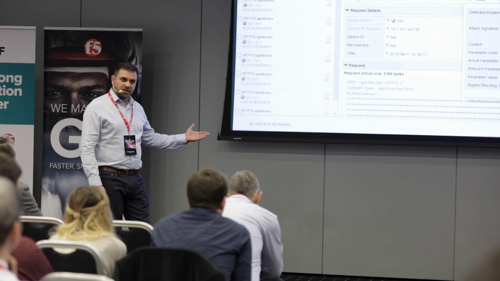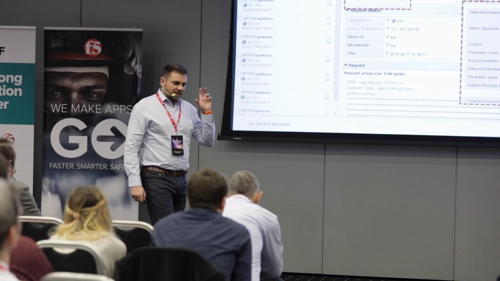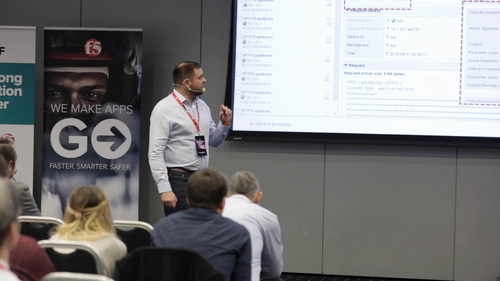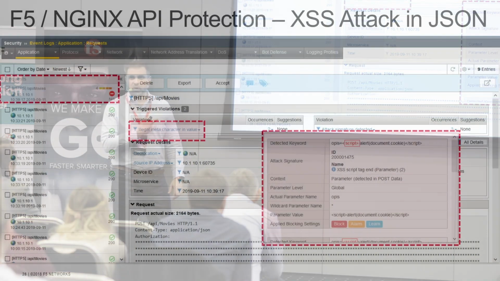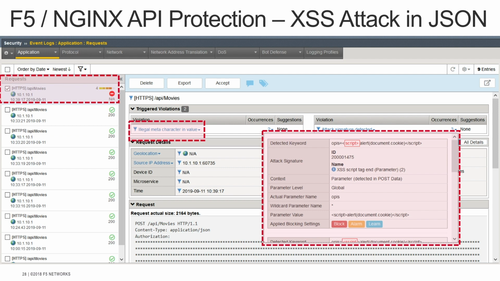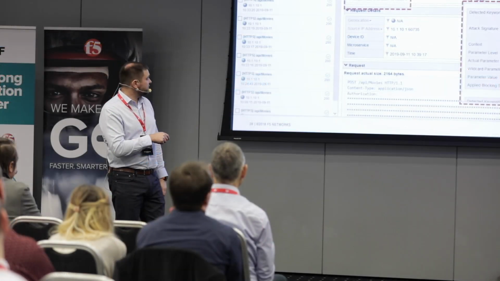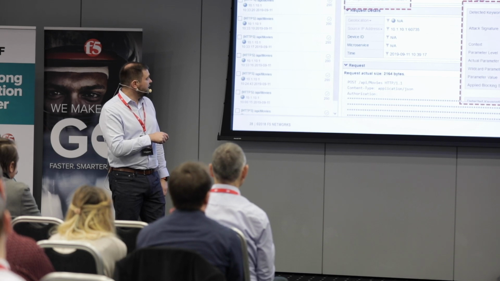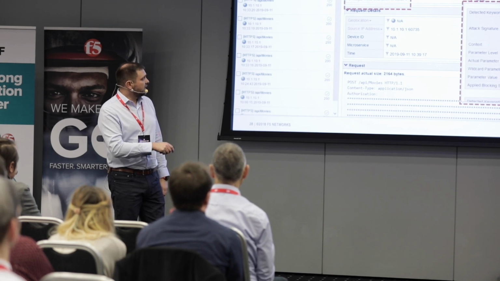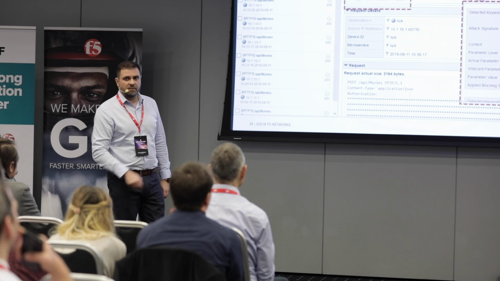The support ID is the number of the incident which was created by AWAF, by our WAF. If you look at the AWAF logs, you will see there was a violation, illegal meta character in value, and these are the reasons why we discovered this attack.